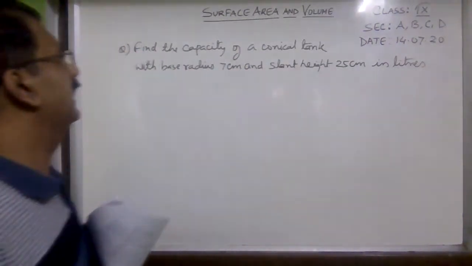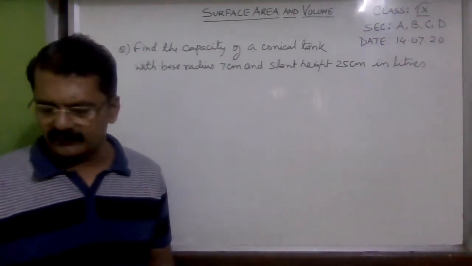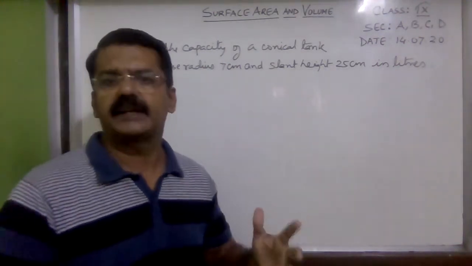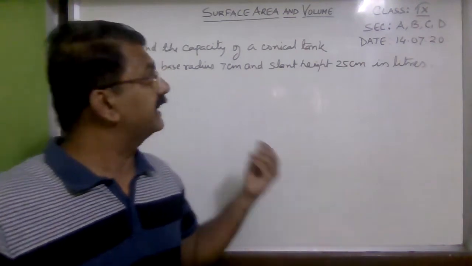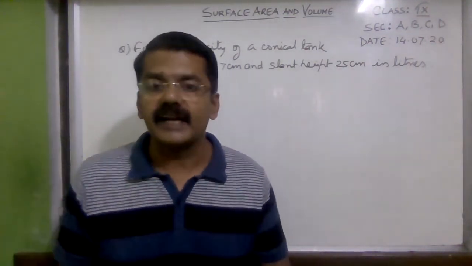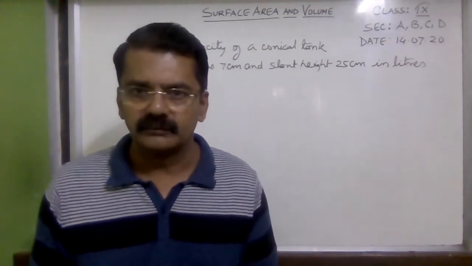Now they have given the base radius of the conical tank and the slant height, and you have to find the capacity. Now the capacity means the amount of water it can hold. That means you have to find the volume.